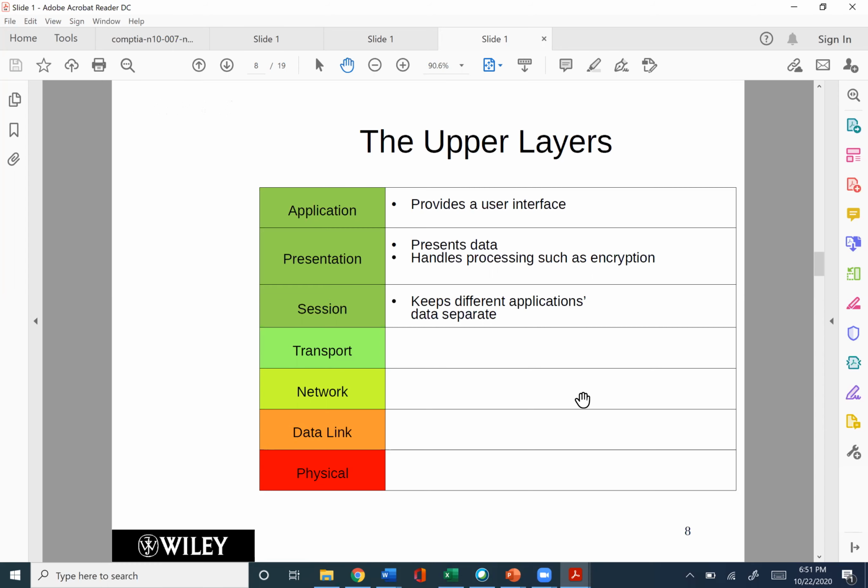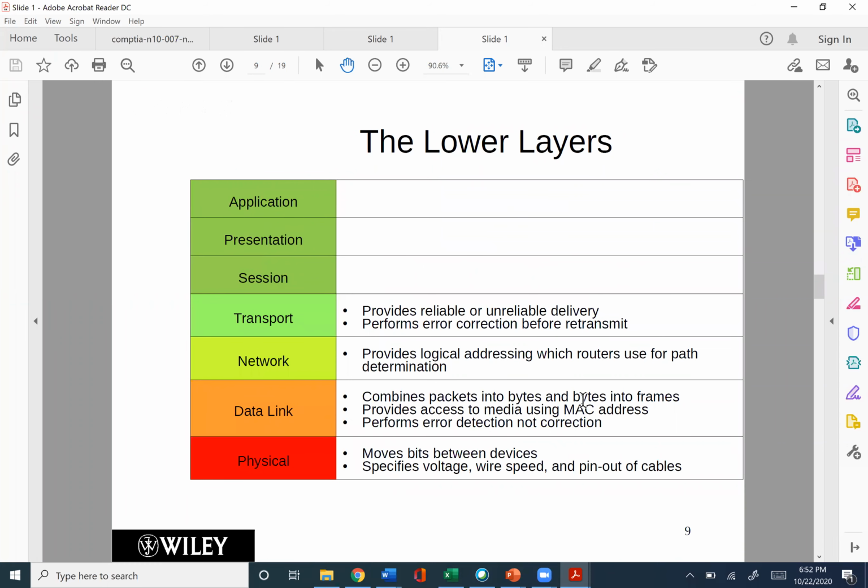That's an interface. The lower layers are kind of like the dirt. The physical layer is the wires, the cables, the voltage, the current, everything. For the data link, we talk about two important things: switches, linked with a MAC address. We're combining the MAC address with the switch.